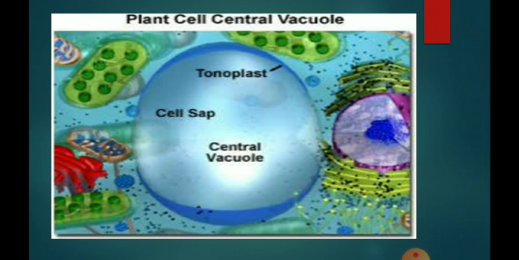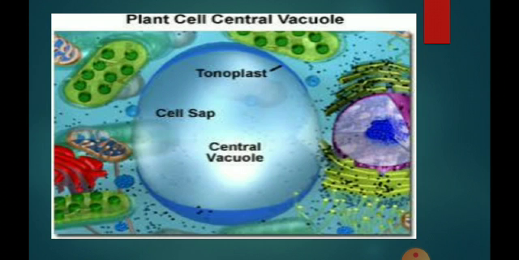In animal cells they are small in size, sometimes they are absent, but in plant cells they are large in size. In amoeba they store food before digestion. Whatever food is engulfed is stored in the vacuole before digestion.